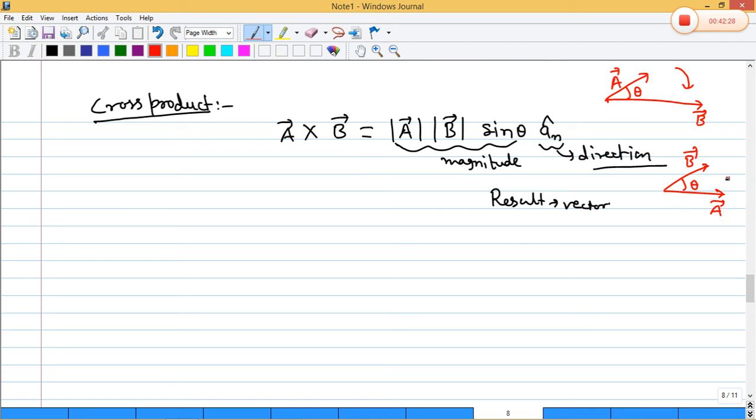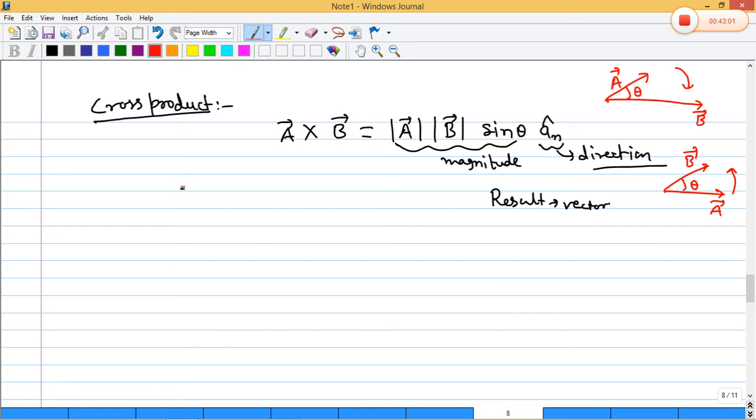Then we have to move A cross B. So we put our palm here and just curl our fingers, and the thumb direction will be outside. So the thumb direction will be outside of this plane, meaning upward. So the direction of the result will be upward. Okay.